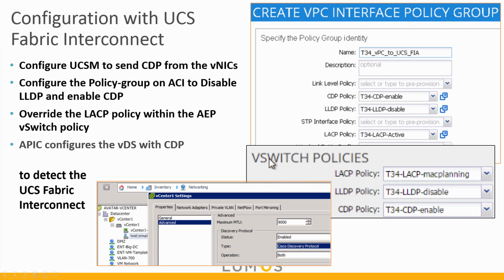But then under the, it kind of looks like it's a subset of the VPC interface policy group. It's not. Under the AEP, there is something called an AEP vSwitch override policy, and we could actually disable LLDP and enable CDP, which results over here in VMware that the networking DVS, distributed virtual switch, for that port group under the port group settings for advanced shows CDP is enabled for both transmit and receive.